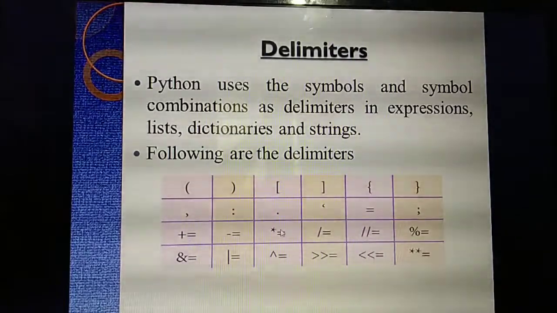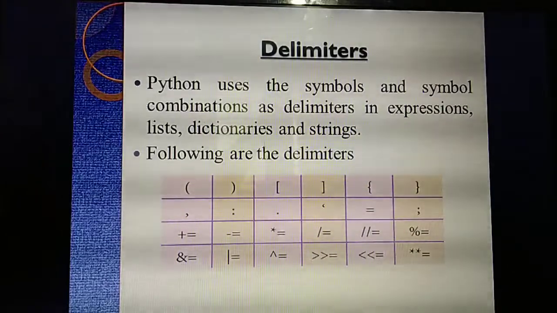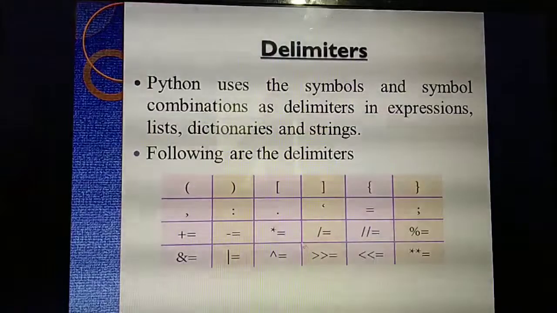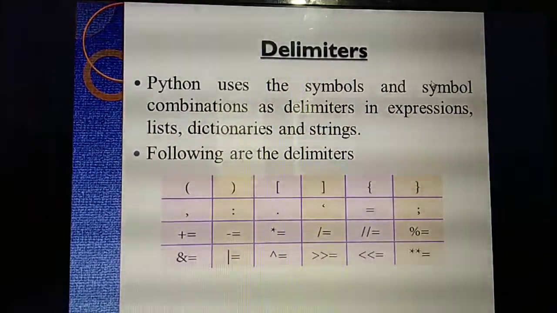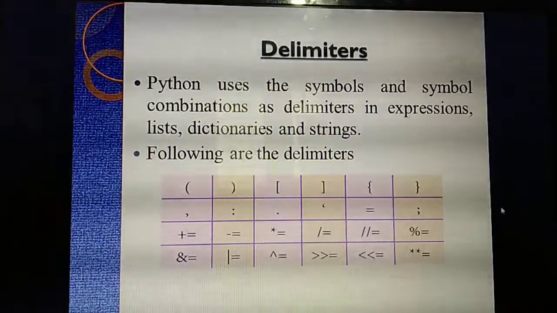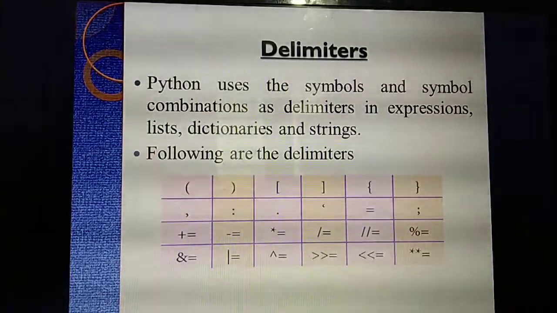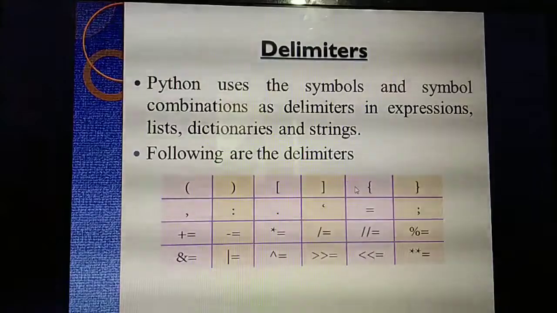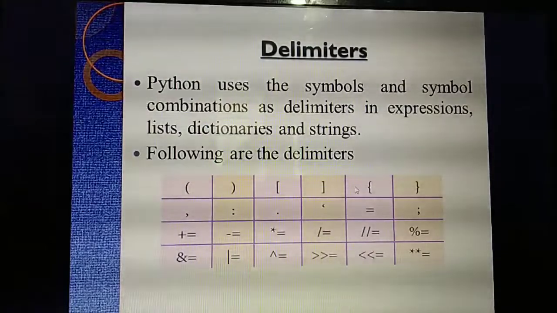Symbols you use for expressions, lists, dictionaries, strings. These are the symbols you are using for expressions or equations or anything. That is called delimiters. What do you mean by delimiters? The sequence or combination of symbols used for calculations or expressions or in lists or dictionaries or strings. That is called delimiters.